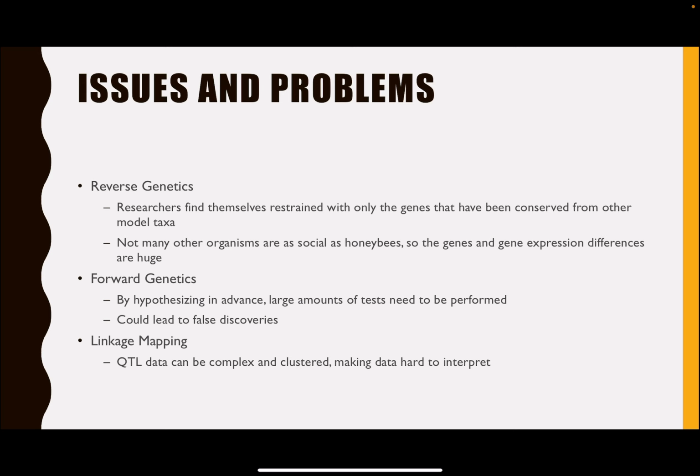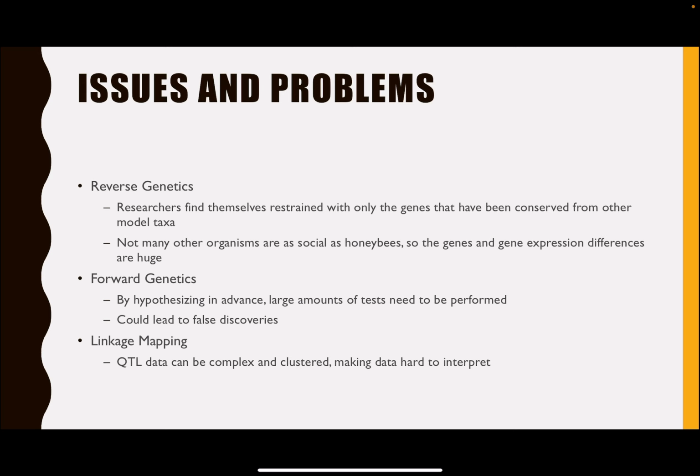Forward genetics, by hypothesizing in advance, you're creating a large amount of tests that need to be performed, which often leads to false discoveries. There's a lot going on with making a hypothesis and determining what genes go with what phenotype. Therefore, there's a lot of backtracking and miscommunication that can occur, meaning that it's not a very reliable testing method.